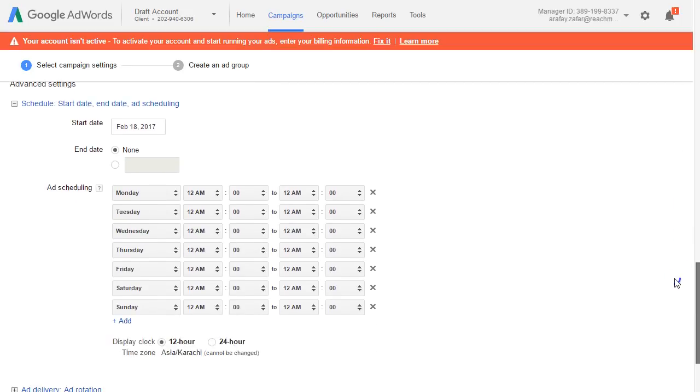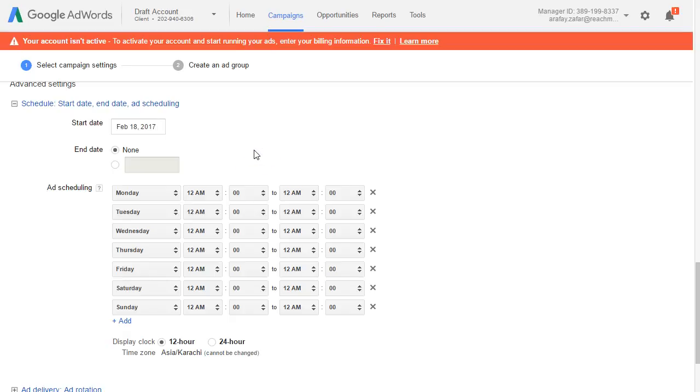And then you have the schedule. Essentially you can run the ads during certain hours of the day, and usually for a general office that's going to be your office timings. However, some offices like to run ads throughout the day.